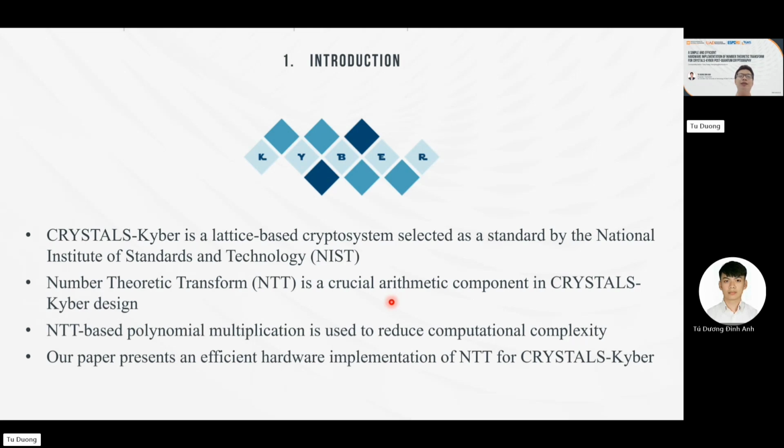CRYSTALS-Kyber was recently selected as the lattice-based cryptosystem standard by NIST, the National Institute of Standards and Technology. With NTT-based polynomial multiplication, it helps to reduce the computational complexity. And our paper presents an efficient hardware implementation for the NTT and the inverse NTT operation for CRYSTALS-Kyber.